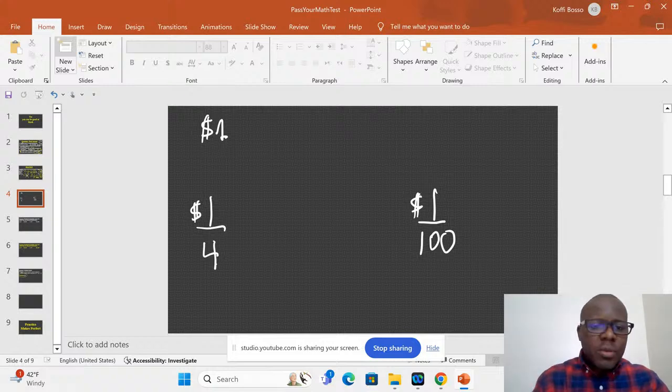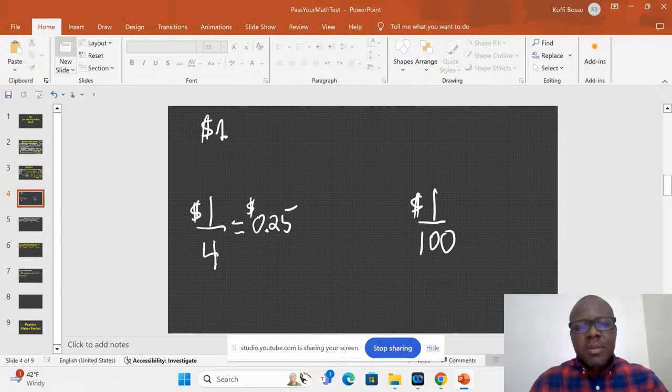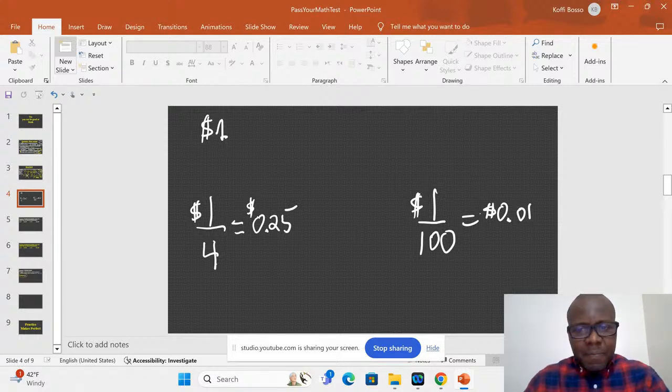Here we are going to get $0.25, so everyone is getting a quarter. On this side you have 0.01, which is 1 cent, a penny.